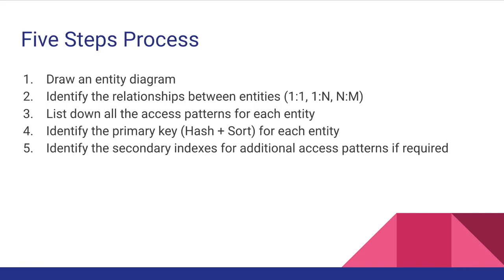With proper hash and sort keys, you can satisfy most of the access patterns even without having any indexes. And number 5, identify the secondary indexes for additional access patterns if required. Sometimes your primary key is just not enough to cater for all the access patterns. Then you should start thinking about local secondary indexes or LSIs and global secondary indexes or GSIs.